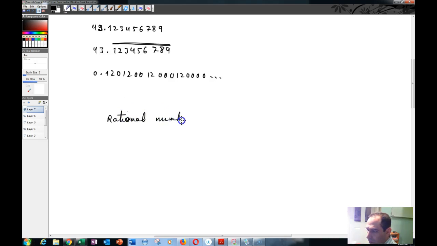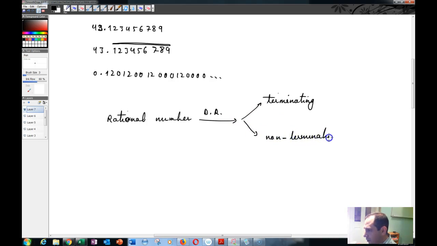So we said that if you have a rational number, the decimal representation of that rational number is either terminating or non-terminating repeating. In these two cases your number is a rational number.